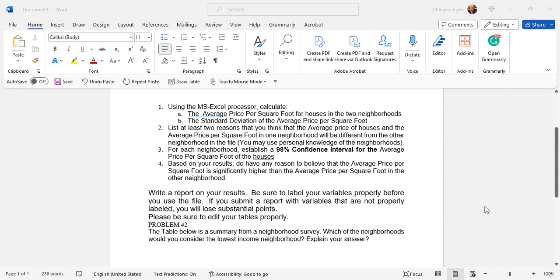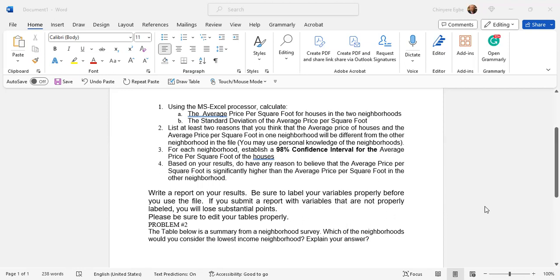So I'm going to calculate the average price per square foot for one neighborhood. We're going to calculate the standard deviation, and then we're going to do confidence intervals. In a sense, we're putting together three things: one is how to calculate confidence intervals, and then how to make meaning out of the confidence intervals.